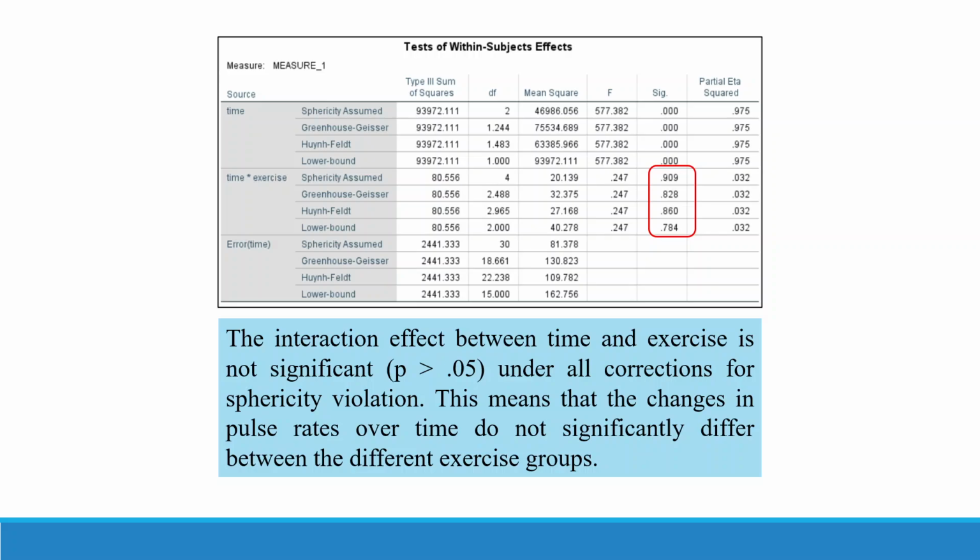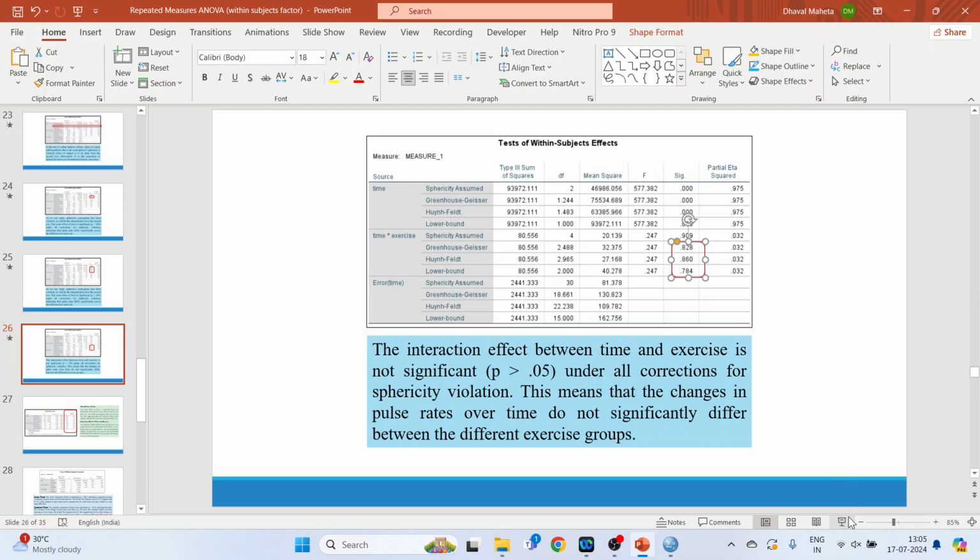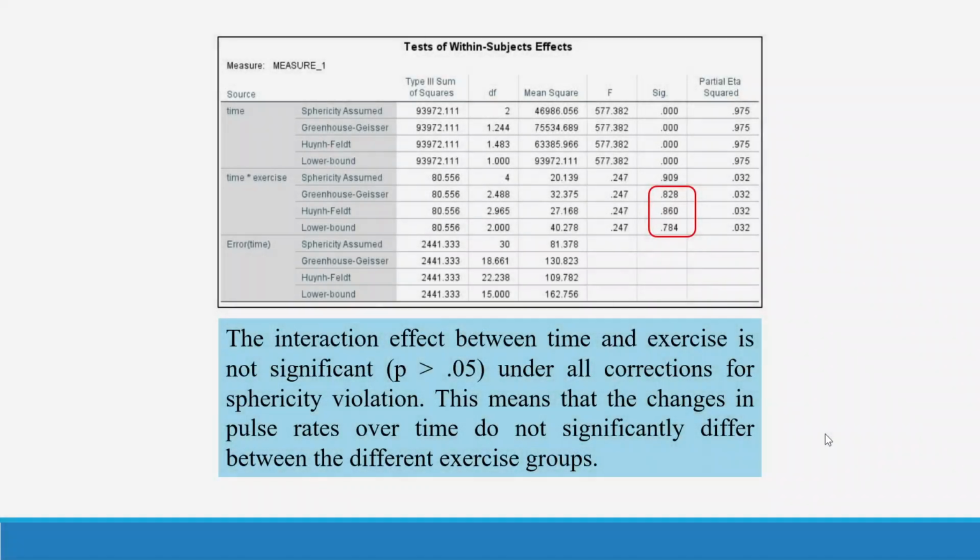Now let's talk about the combination of time with exercise, the interaction. The interaction effect between time and exercise is not significant under all corrections for sphericity violations. This means that the changes in the pulse rates over time do not significantly differ between the different exercise groups. Just a small correction.